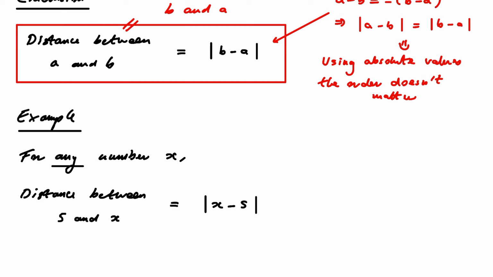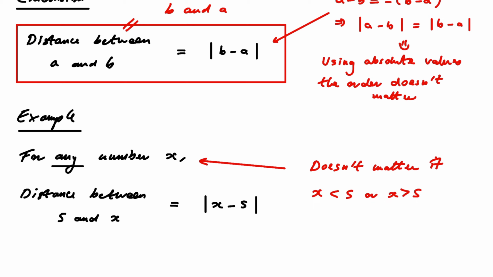So the absolute value kind of hoovers up the two potentials. It doesn't matter if x is less than 5 or x is greater than 5.